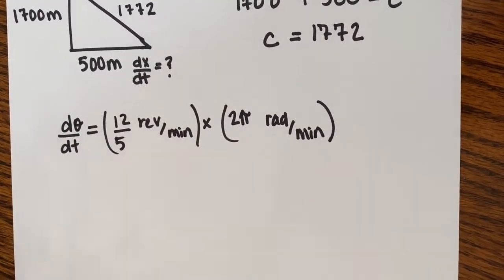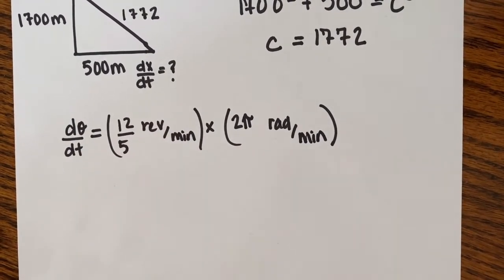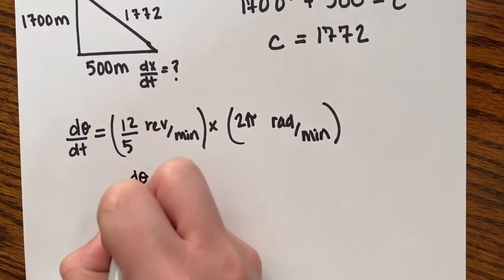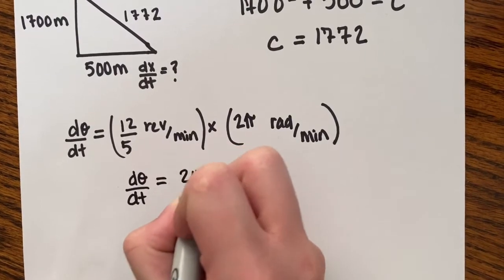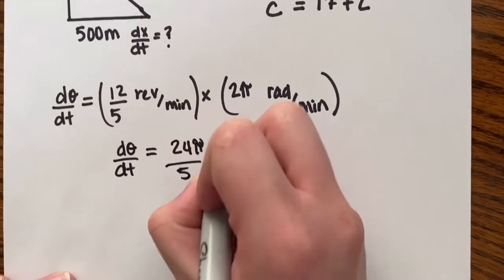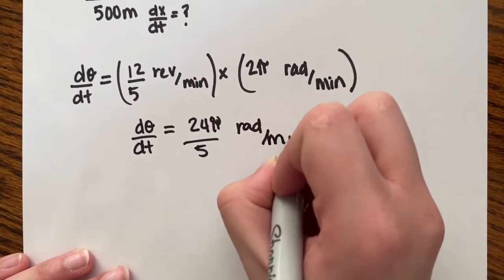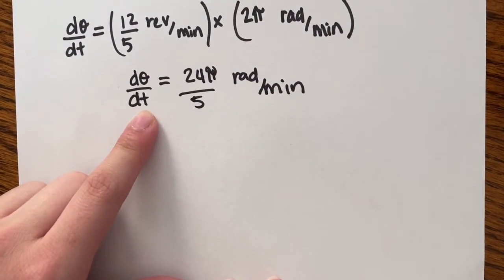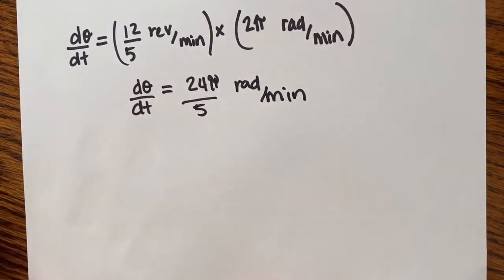So we have to make it a unit that you can use. Once you solve for your d theta dt, it's going to come out to be 24 pi over 5 radians per minute.